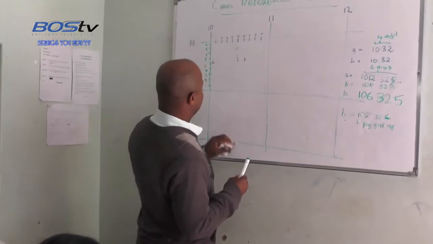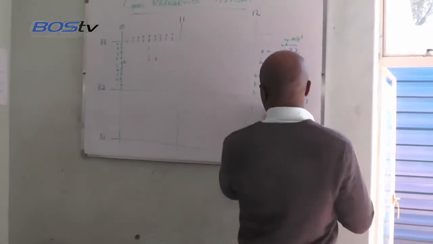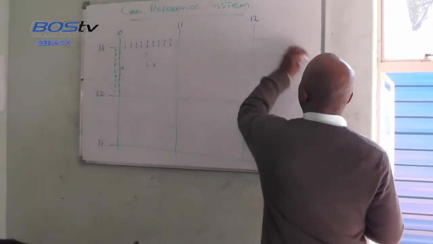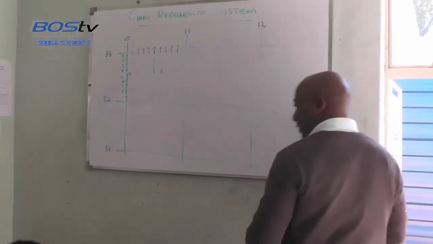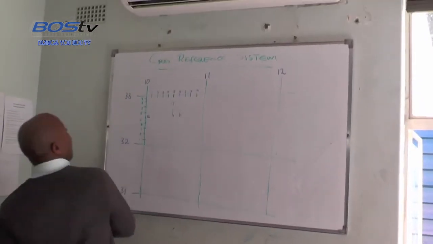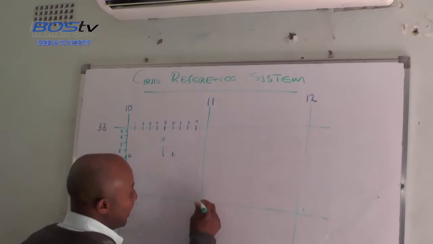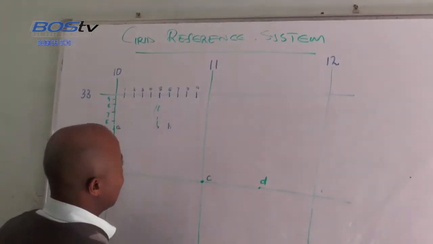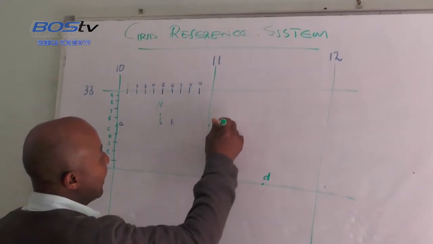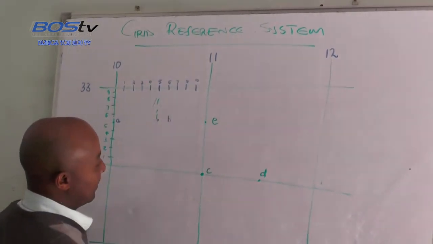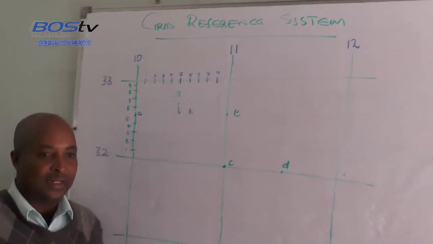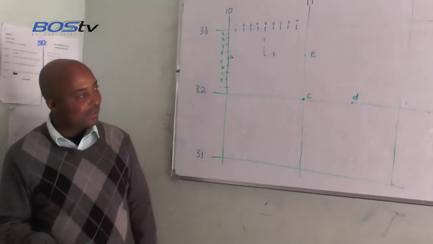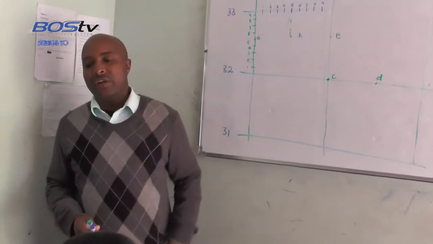Fine. Now, I want to give you some piece of work. I'm going to make some additions, and I want you to identify the 4 figure and the 6 figure for the points that I'm going to give on the board. One point is going to be there, and it's C. Another point is D. Another point is E. Let's find out the 4 figure and the 6 figure grid reference for those 3 points.